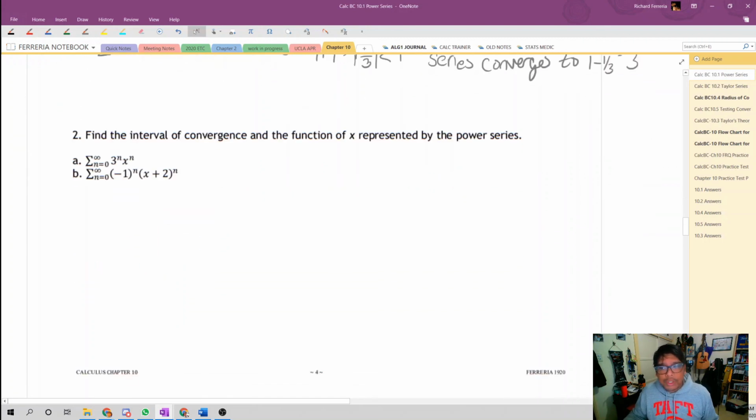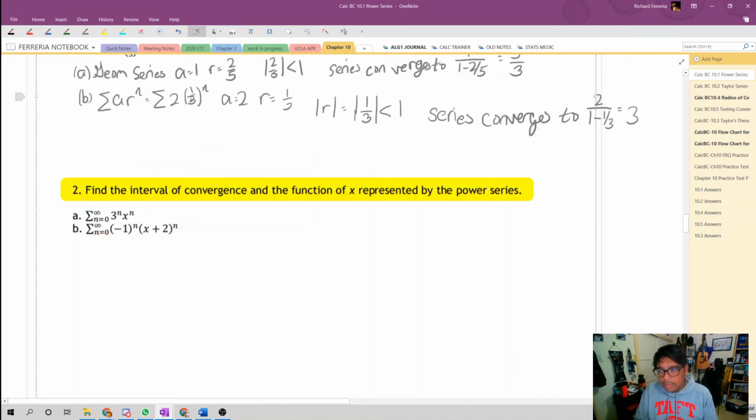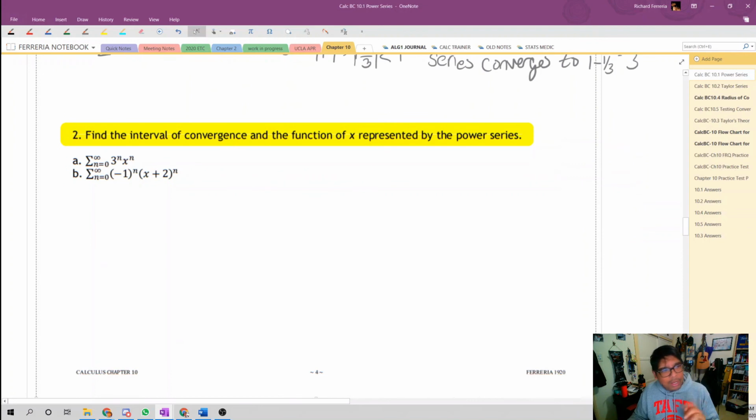Now for question 2, we have: find the interval of convergence of the function of x represented by the power series. And we don't really have a whole lot of things to go on here, so these better all be geometric series.